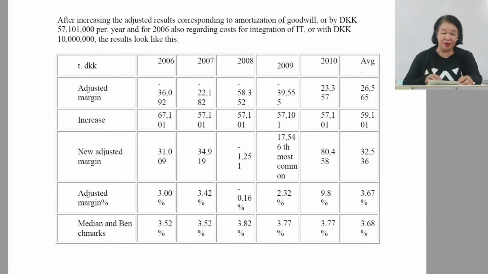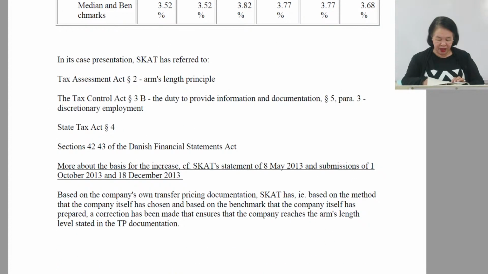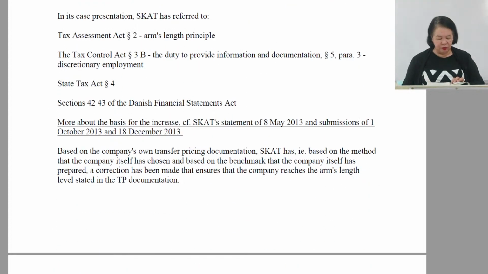Kita mo yung financial statement nila, may act din, may law. So, more about the basis for the increase of Scott's statement of May 8, 2013 and submission of 1 October 2013 and 18 December 2013.